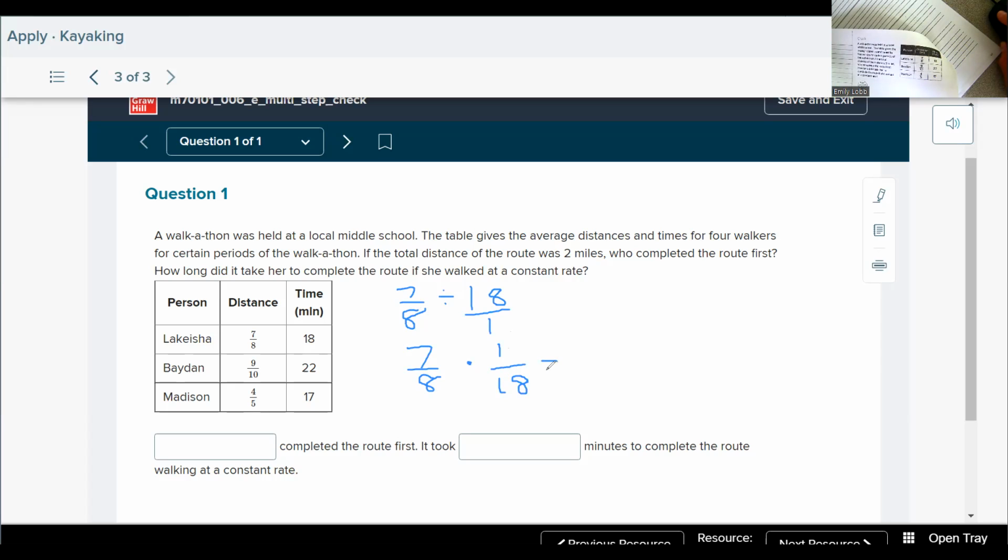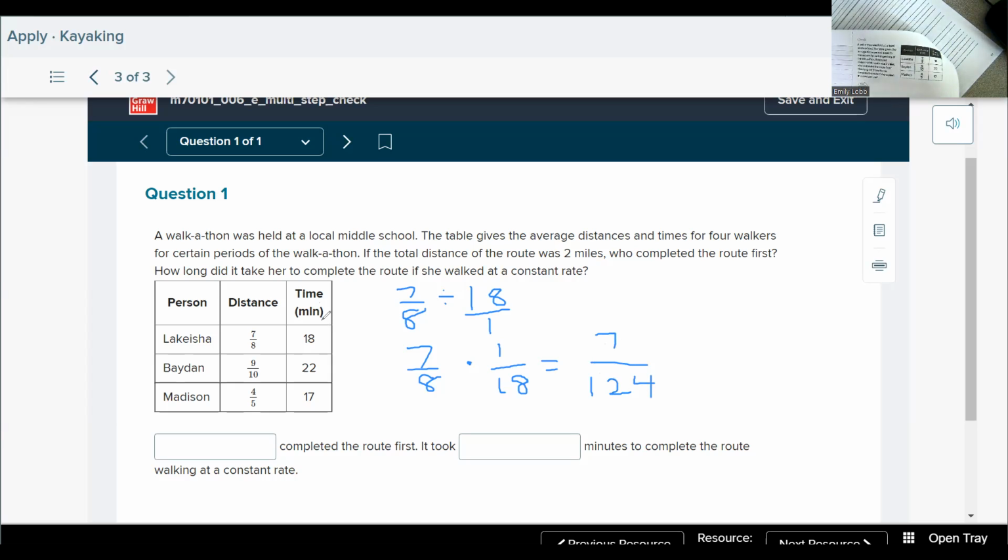If you need your multiplication table, use your multiplication table. 7 times 1 is 7. Who can look at their multiplication table for me and tell me what 8 times 18 is? 124? 124. All right. So 7 over 124 miles per minute.